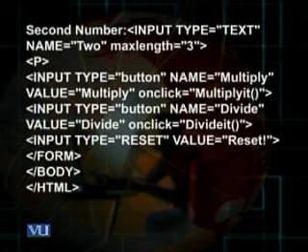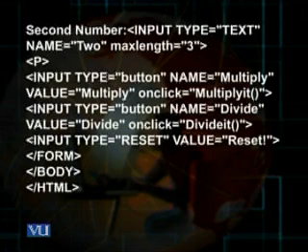And then for buttons, I create now the multiply button. The label on this button now would be multiply because of the value attribute, and then you can see onclick equals multiplyIt. This means that when the user clicks on this button multiply, the control would be diverted towards the function multiplyIt, which I have introduced at the top of the code.